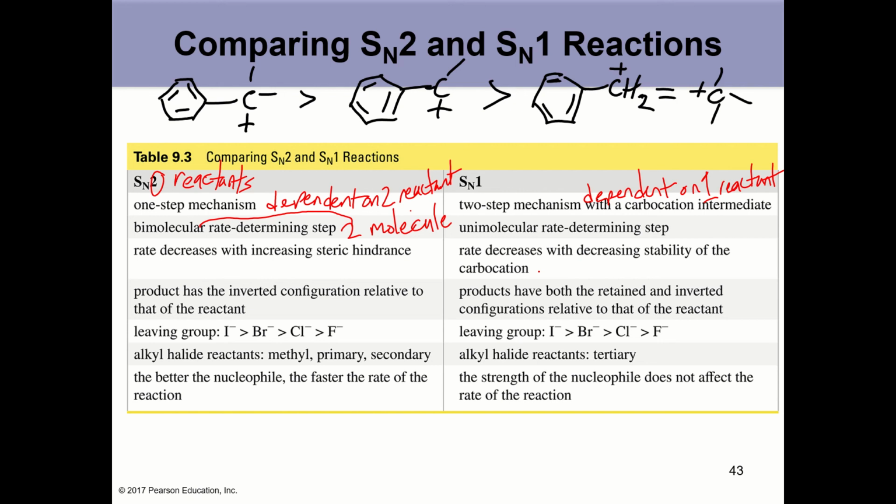And so as the substitution of the carbon gets less, the SN1 rate decreases, but for SN2, when the substitution of the carbon increases, the rate decreases. So while SN2 covers our primary and secondary carbons, SN1 covers a completely different, more substituted carbon, the tertiary.